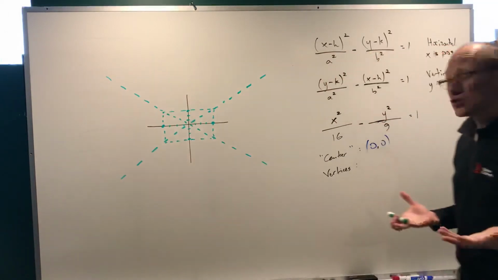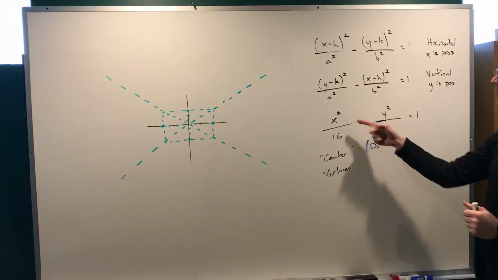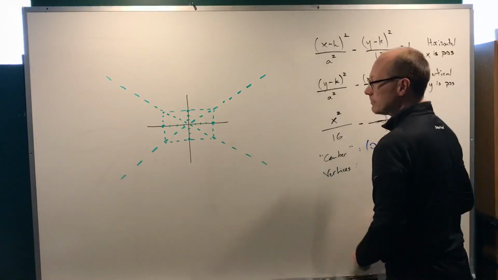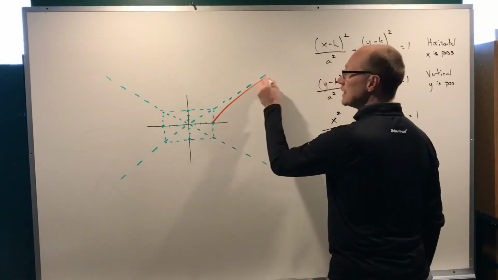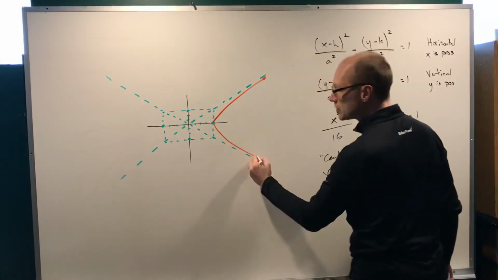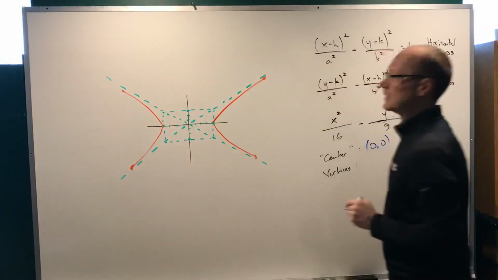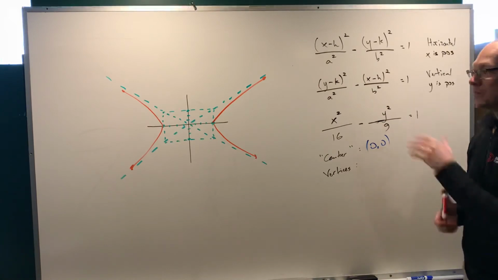And how do I know which one is which? Well, this is x squared positive, y squared negative, so it's horizontal. That means I have my hyperbola sections starting here and getting closer and closer to those lines, like so. The only thing that is the hyperbola is just the red.